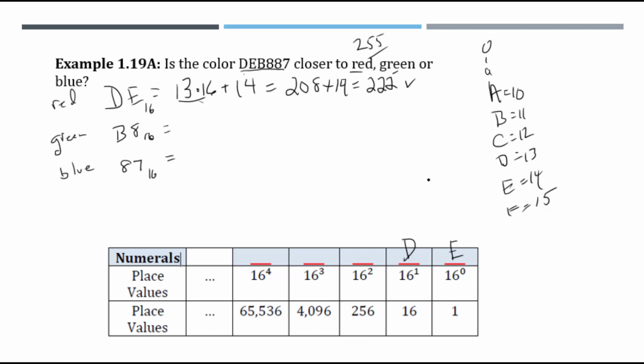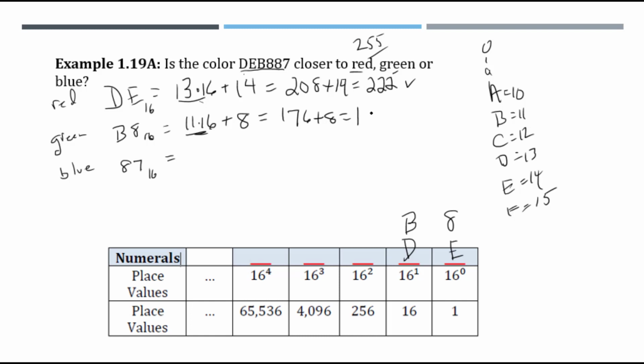Green would be B8. So B is 11 sixteens, 11 times 16 plus 8 ones. This one I might be able to do in my head. And again, I might not. I'll cheat. 176 plus 8. I'm not going to ask you to do this without a calculator. That's not what it's about.